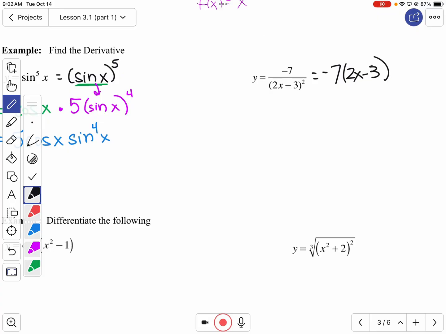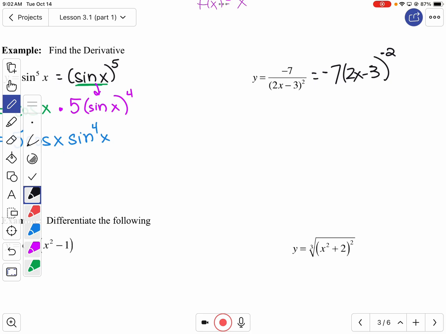If it's positive 2 in the denominator, what's it going to be in the numerator? What exponent? Negative 2. Okay? That's completely legal. Now that we know chain rule, we can avoid the quotient rule sometimes, by pulling things to a power up out of the denominator.